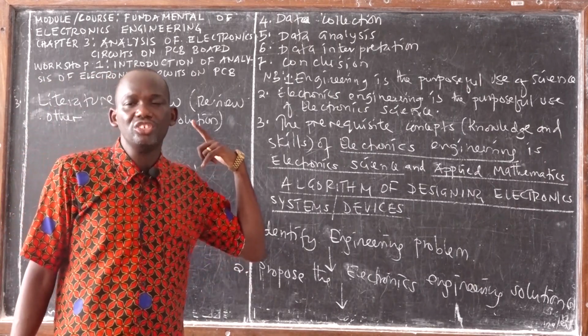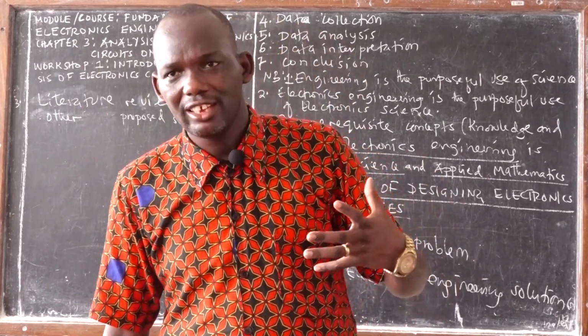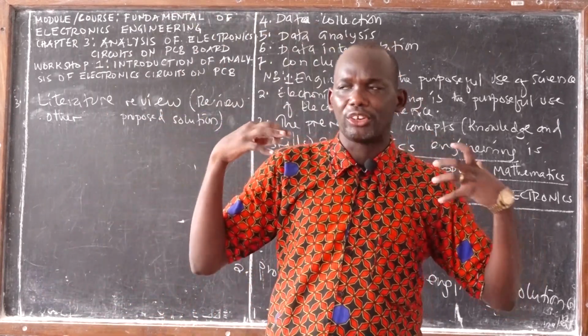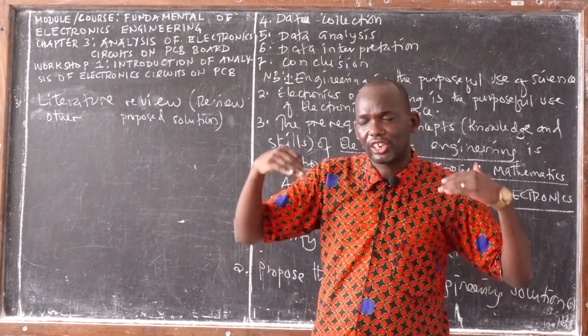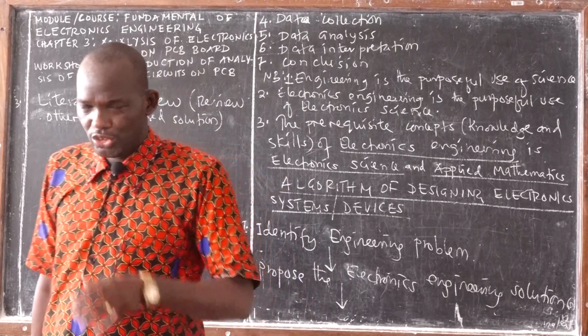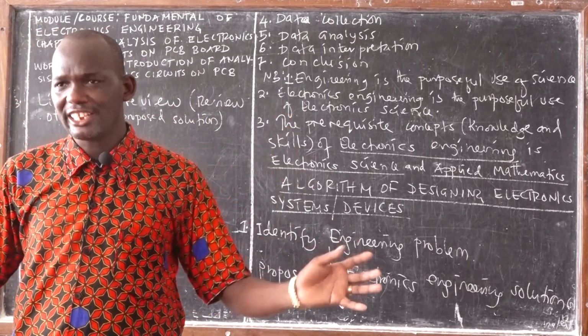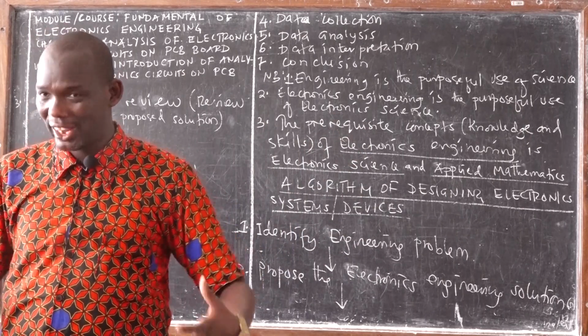For the beginner, we don't encourage them to do literature review. Why? Because when you do literature review, for instance, on how to solve a fire breakout in a particular place, you might find a number of solutions which have been designed and implemented, maybe even 20.